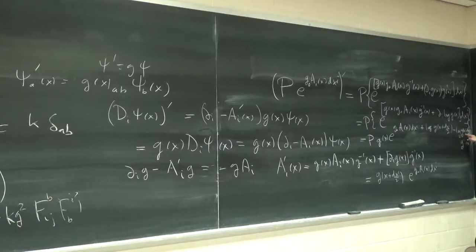The path ordering takes g of x^i minus dx^i over 2, moves it to the right where it changes this into g inverse of x minus dx^i over 2.